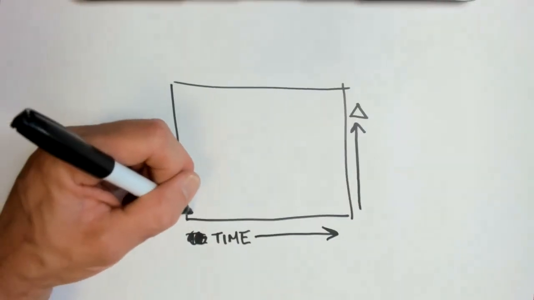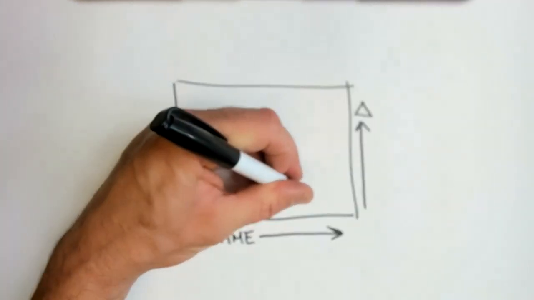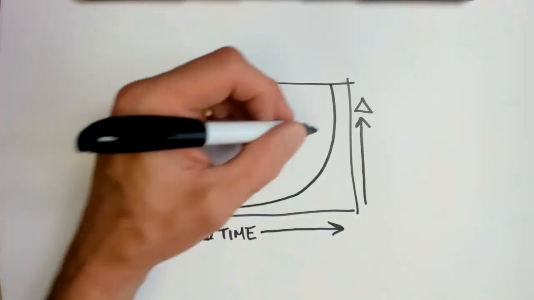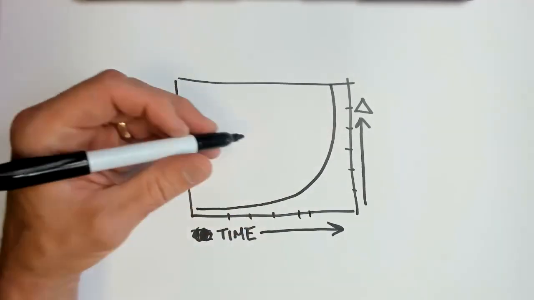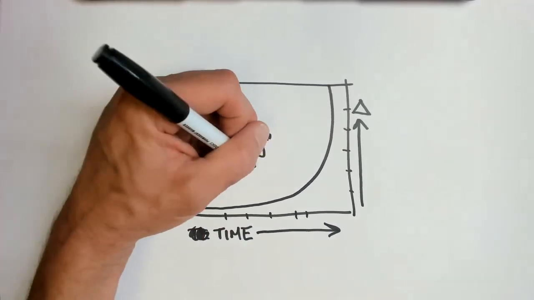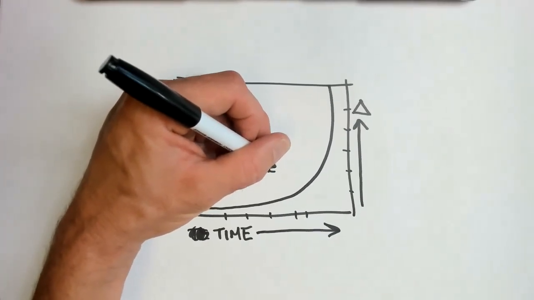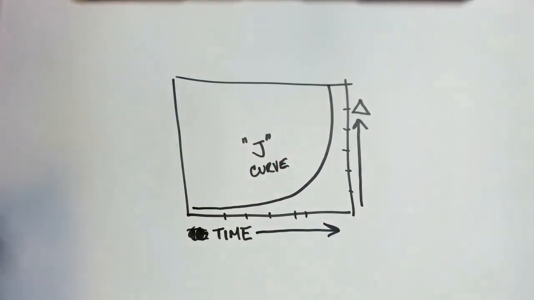And so as time goes along, the rate of change gets steeper and steeper and steeper. And they call this curve right here the J curve, the J curve. So as time goes by, the amount of time between each new technological innovation or breakthrough shrinks exponentially.